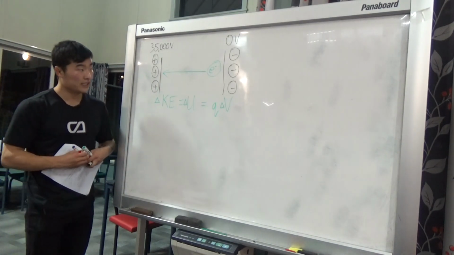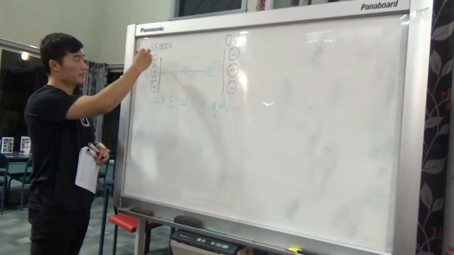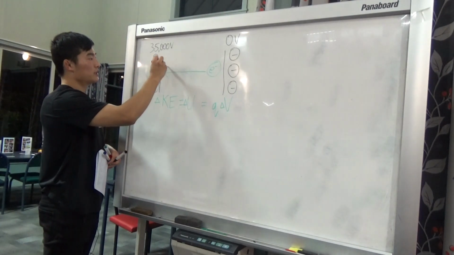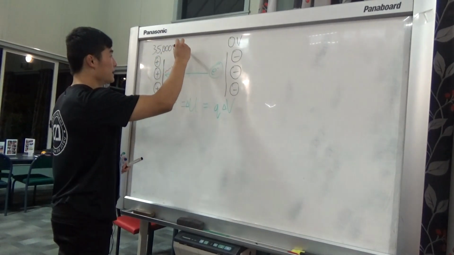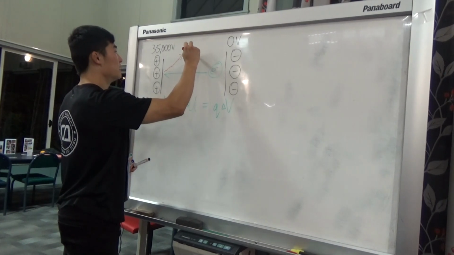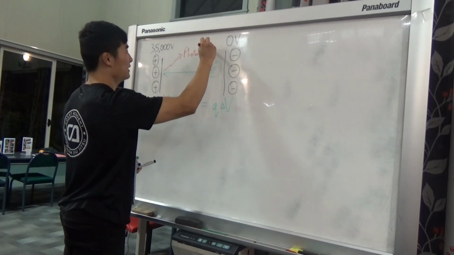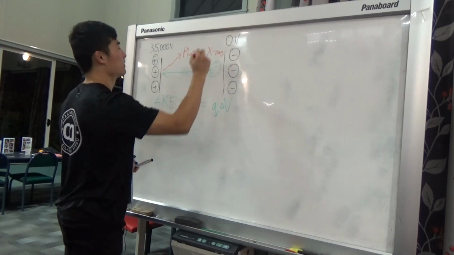When the electron hits this screen here, it's going to release a photon, and this photon is our X-ray.